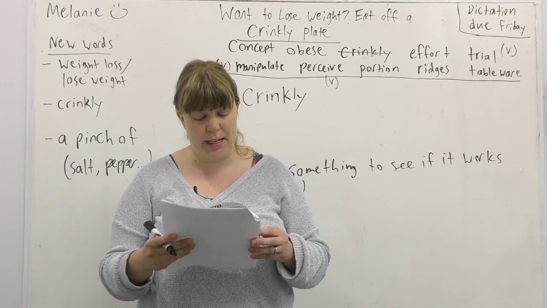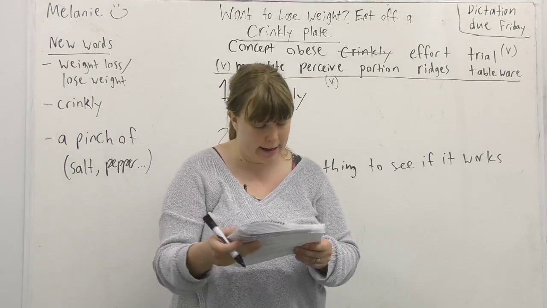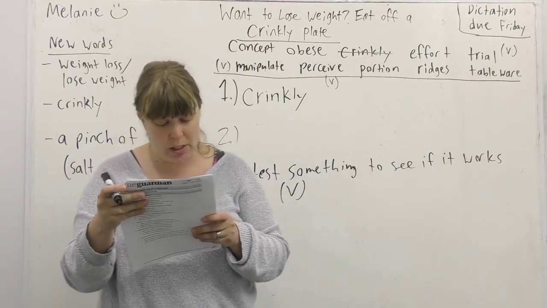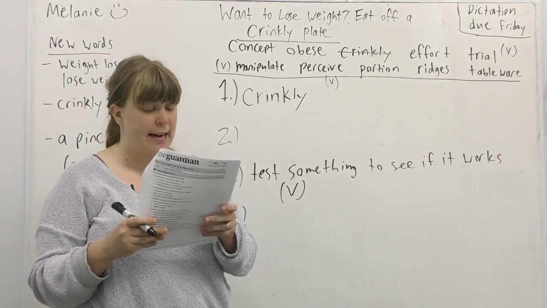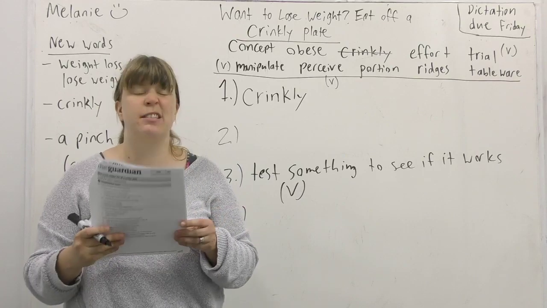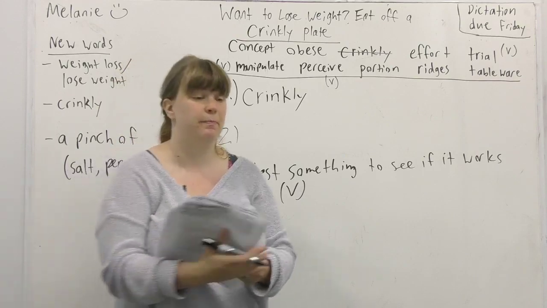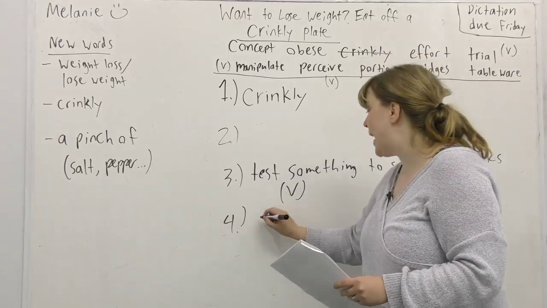Okay, that's paragraph 5. Let's take a look. Paragraph 5. Sinovics has also designed heavy cutlery because it makes eating more of an effort and therefore lasts longer. Okay. So this is going to be a noun.